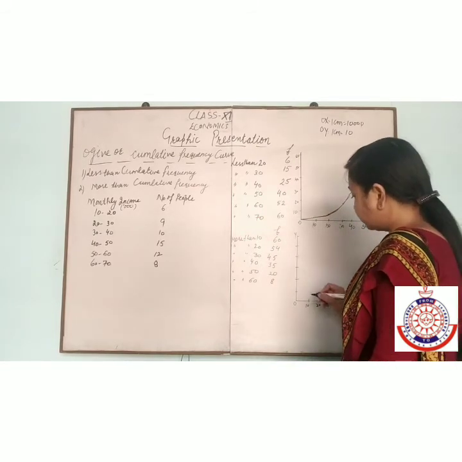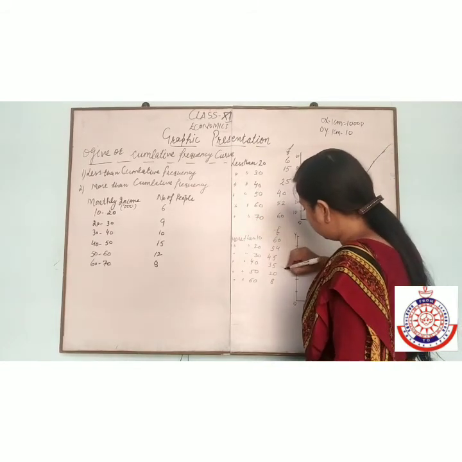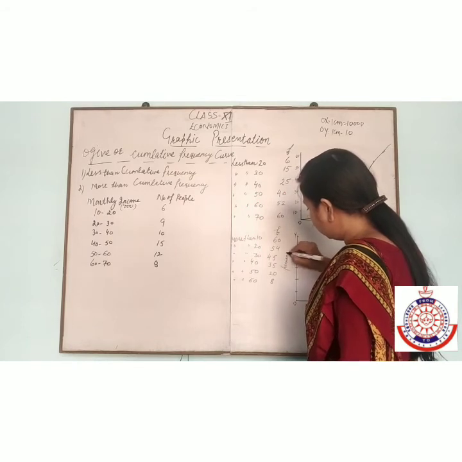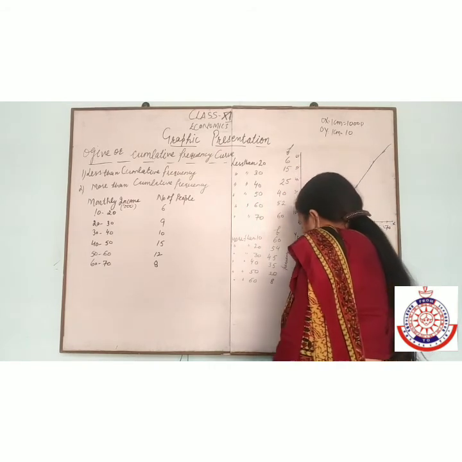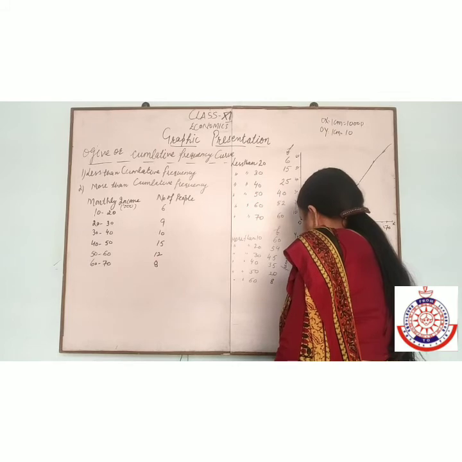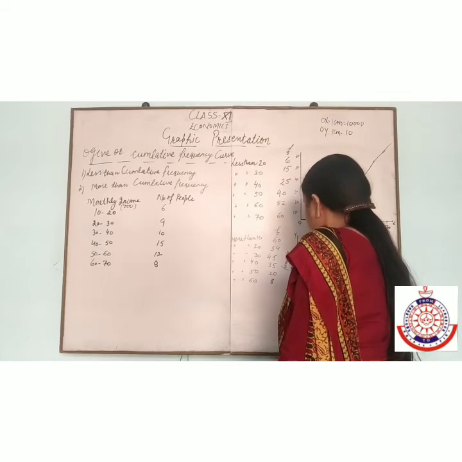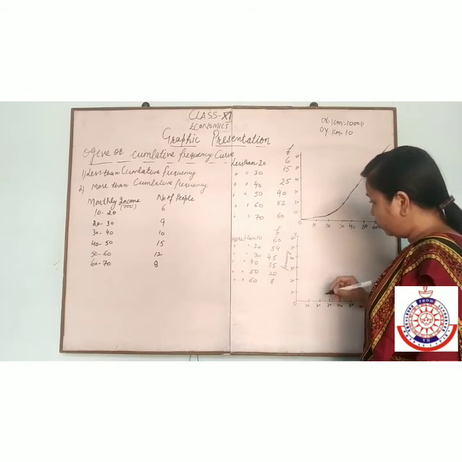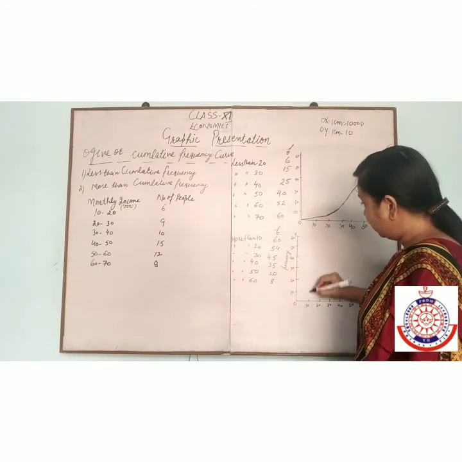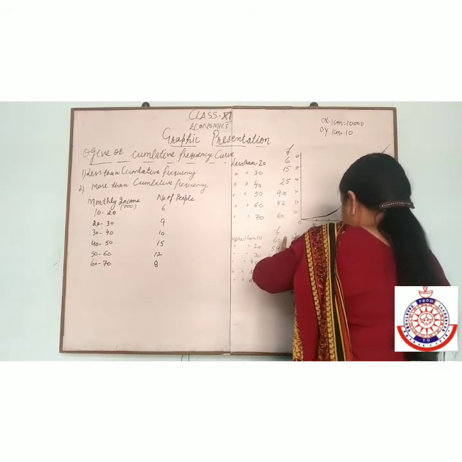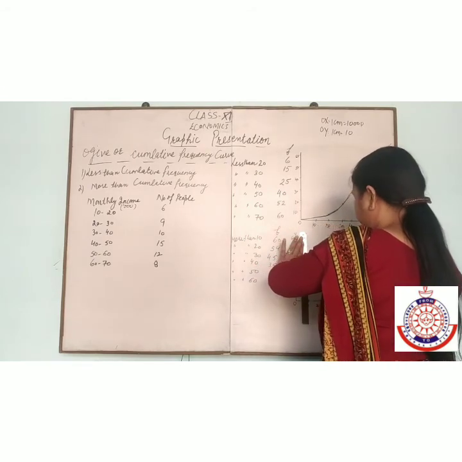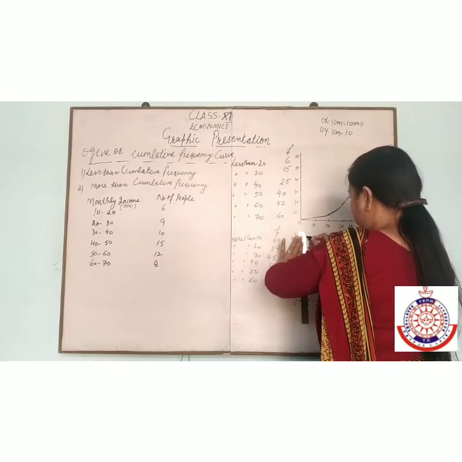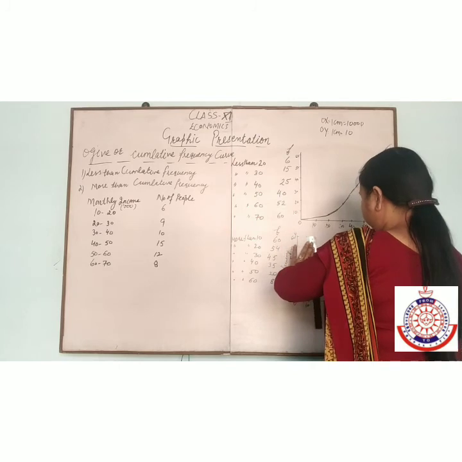For more than 10, the frequency is equal to 60. This is one point, then 54.